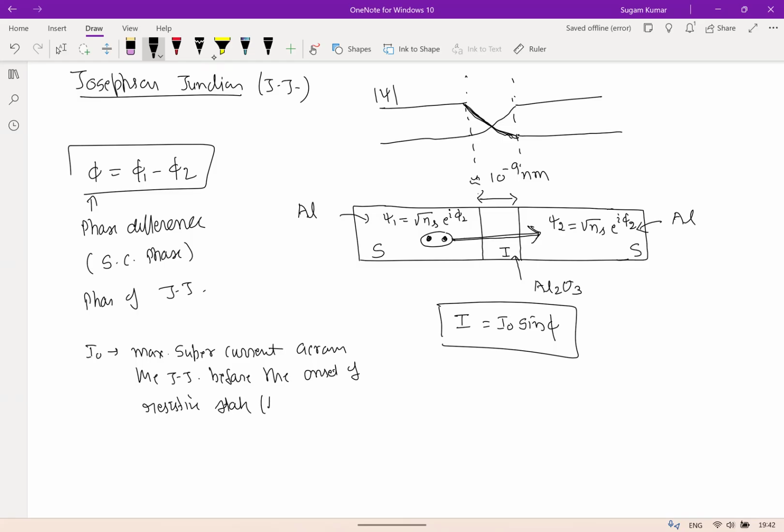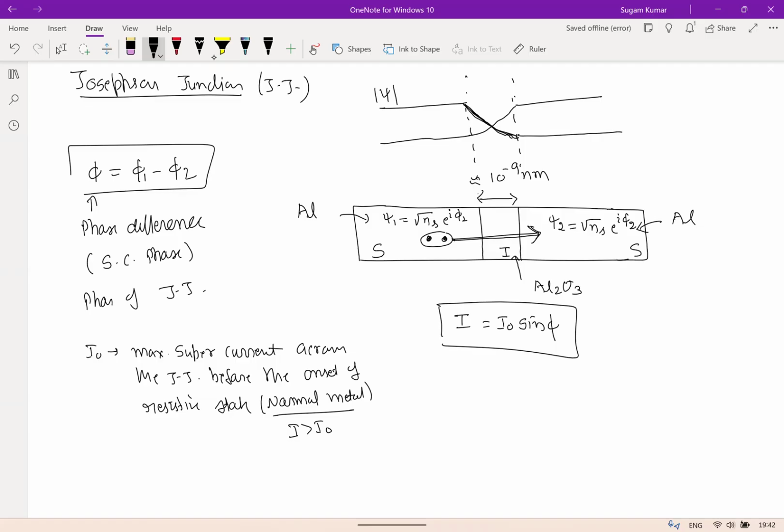Resistive state means normal metal. It means this situation comes when the I becomes more than I naught. And this is called super current, maximum current, or critical current.